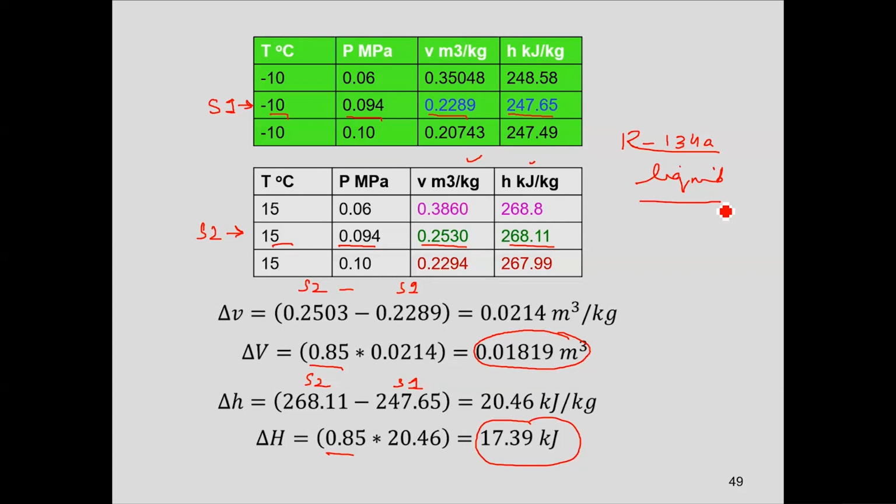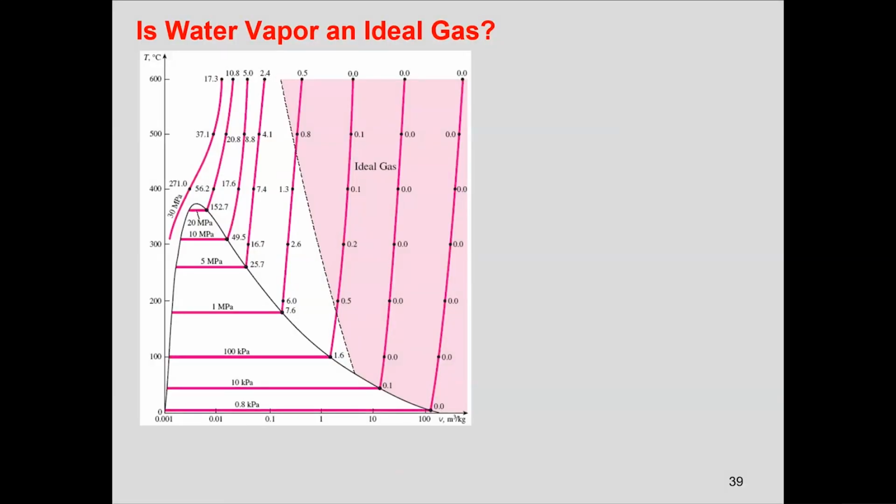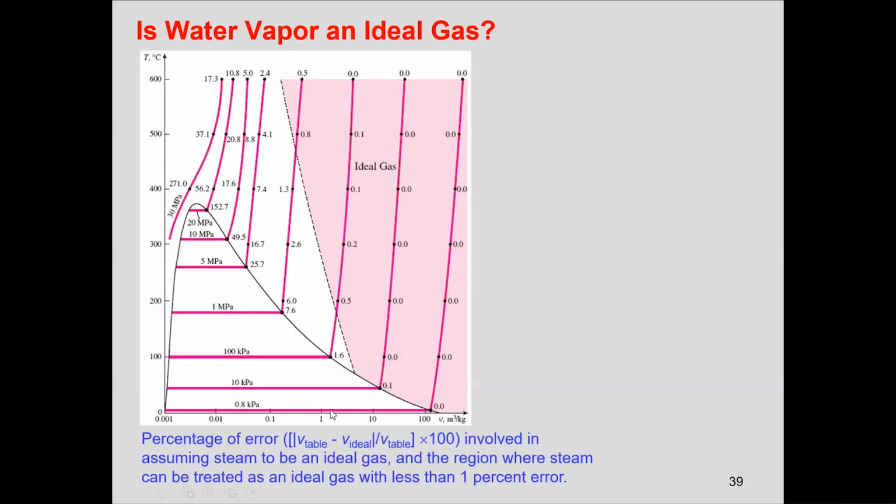Yes, it lies in the superheated region, but for R134A, if you remember, for the superheated region we saw for water, if I have the slides, let me go back. Yes, if you remember this slide, for the superheated region, you have calculated the error from the data given in the table and the ideal gas equation. And for an error which is less than 1%, you can apply the ideal gas equation.